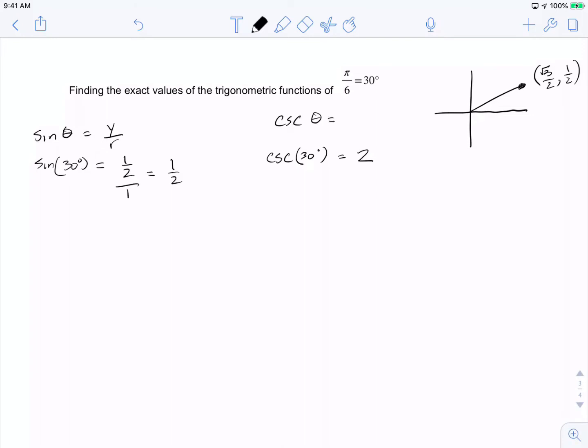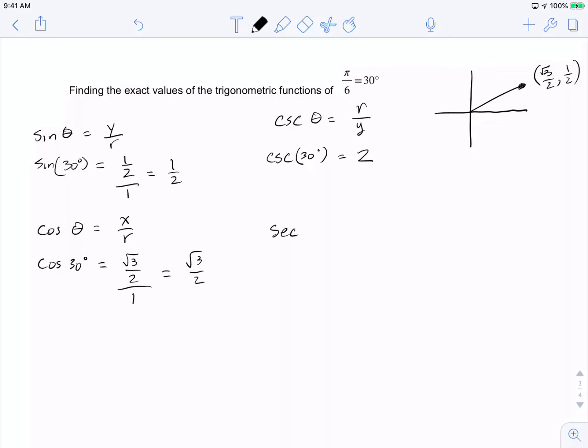Just remember it is going to be r over y. Okay. For cosine of theta, we know it's x over r, so cosine of 30 degrees is going to be radical 3 over 2 over our radius of 1, and so we get radical 3 over 2.